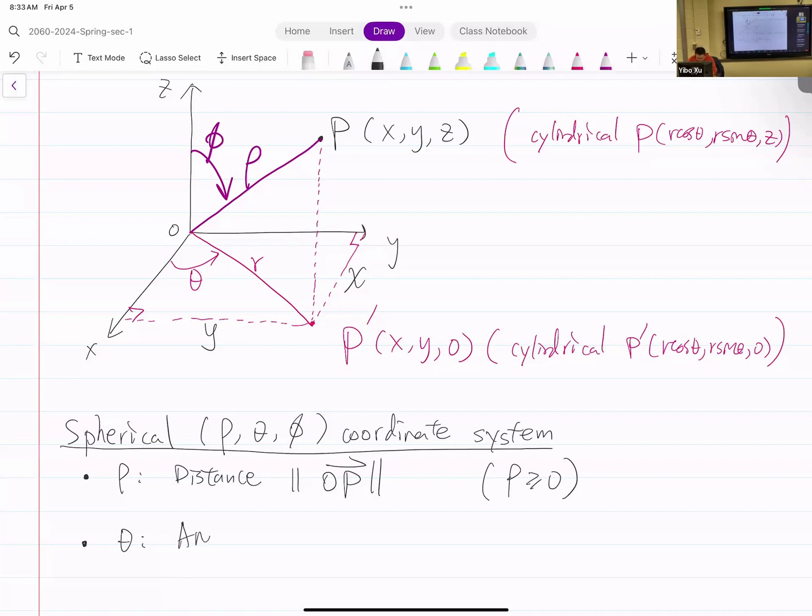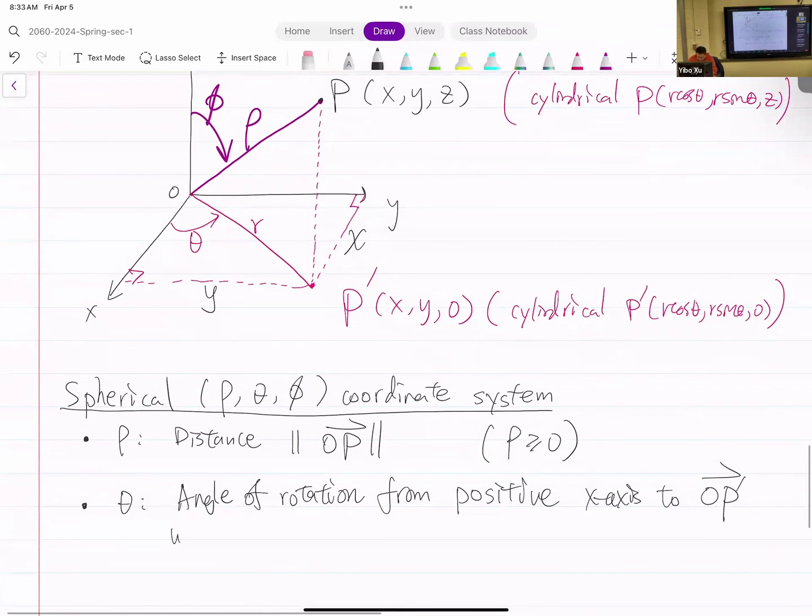So theta is the angle of rotation from the positive x-axis to the direction OP prime, where P prime is the projection of P on the xy plane.